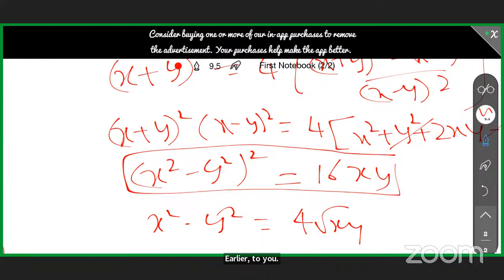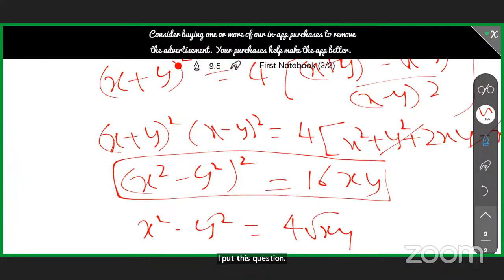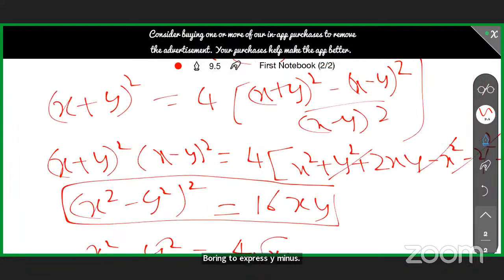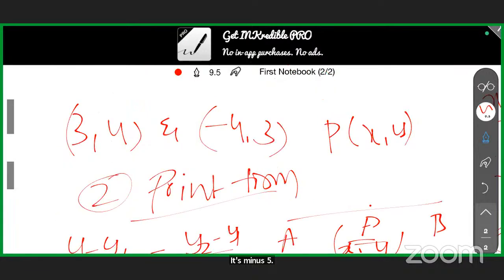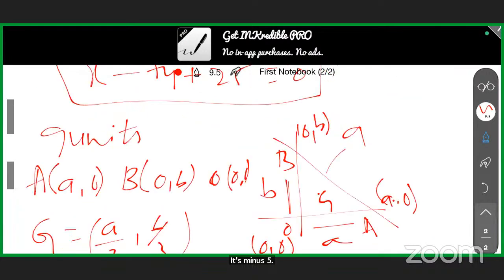4 into (x plus y) whole square minus (x minus y) whole square. We can write 4ab. Just a minute.